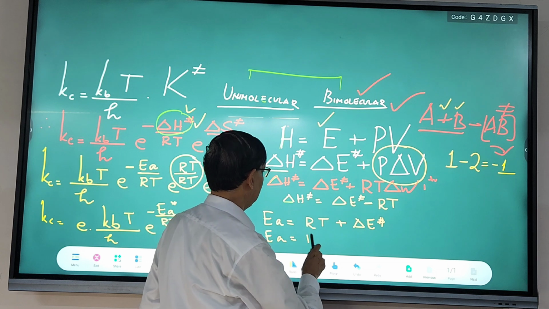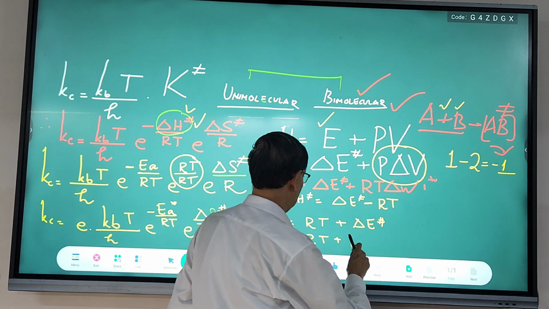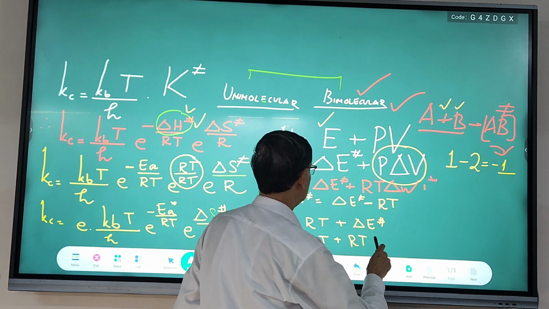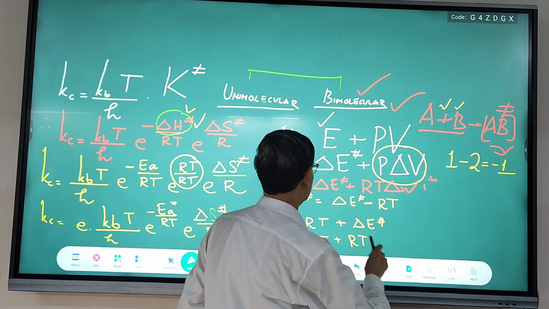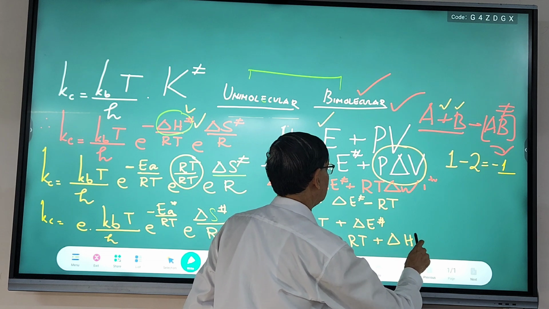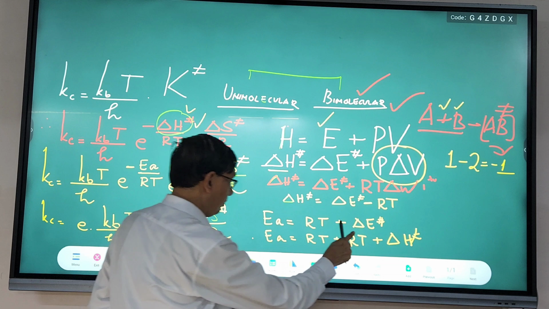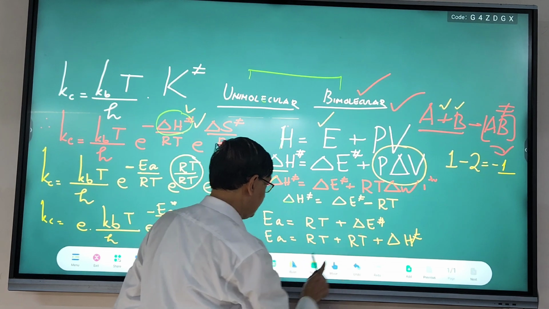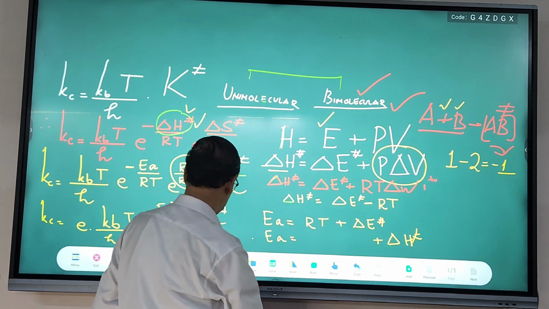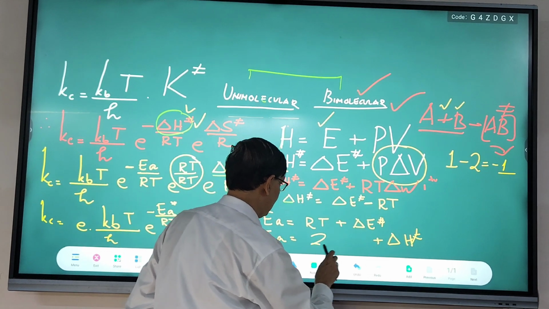EA is equal to RT plus RT plus delta H. So what I can write directly in place of RT plus RT, 2RT.